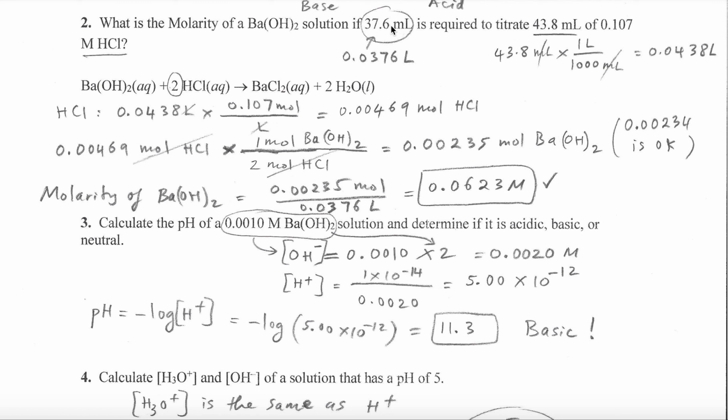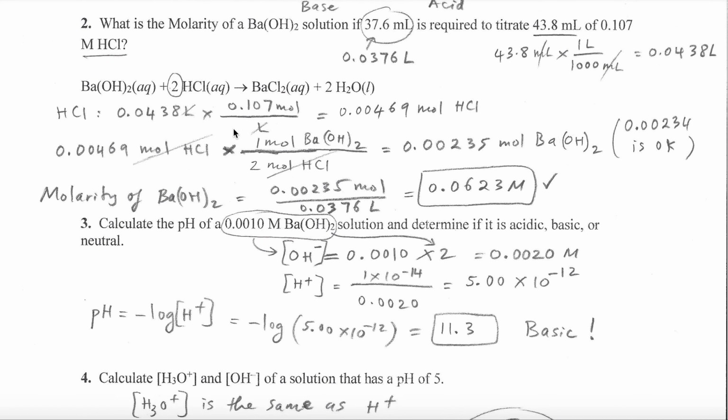Notice here I convert milliliters to liters by dividing by 1,000. As you can see in the setup right here, 1 liter over 1,000 milliliters, and that's the volume in liters. Okay, we start out with HCl.